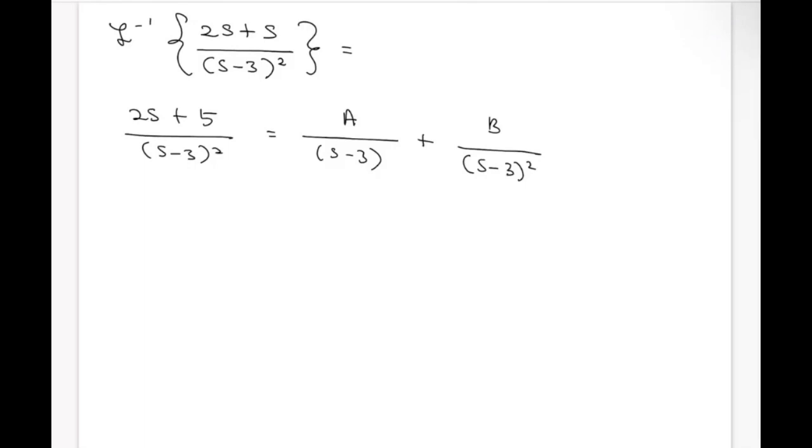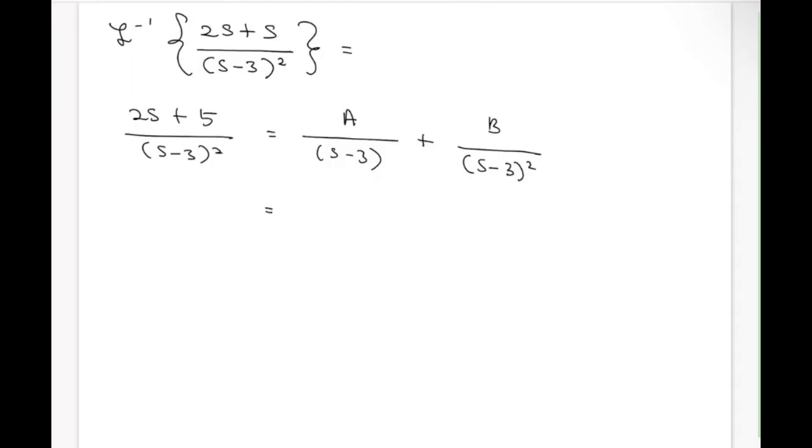Or you can also use the previous method that I just showed you. How to break down this one?